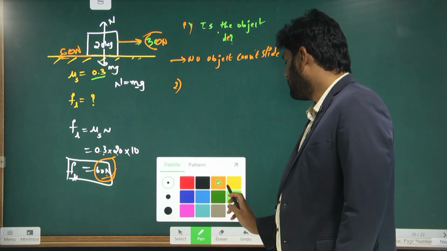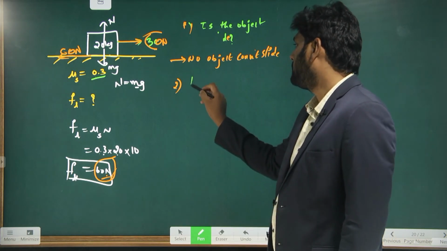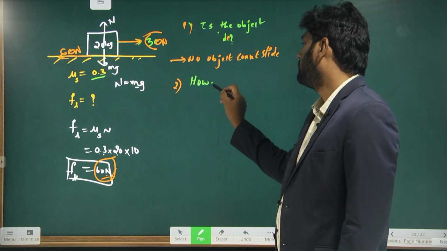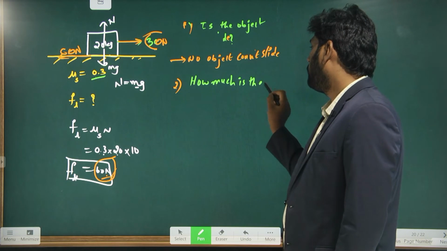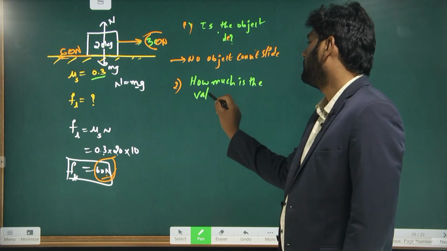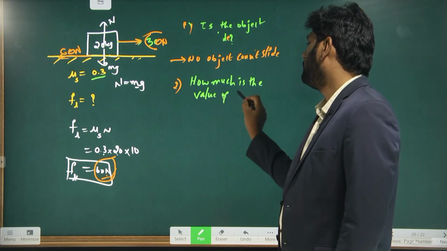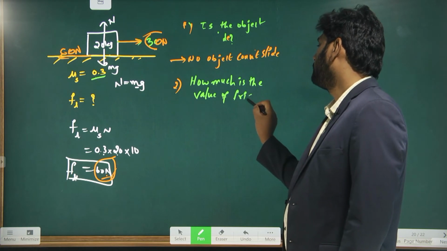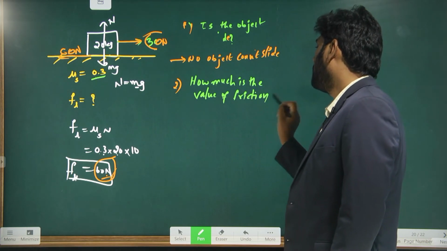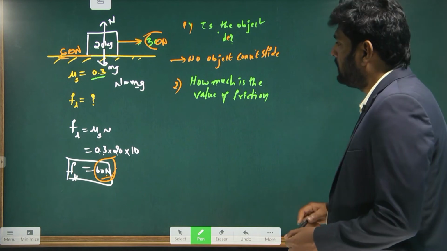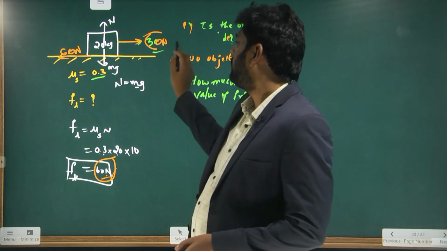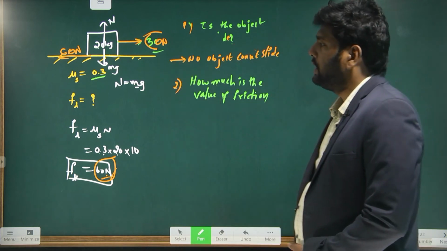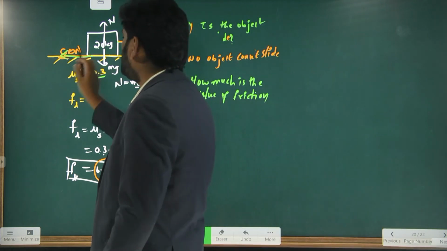And one more question I will ask: how much is the value of friction? If you observe, the 30 Newton force is the applied force and the 60 Newton friction acts in the other direction.